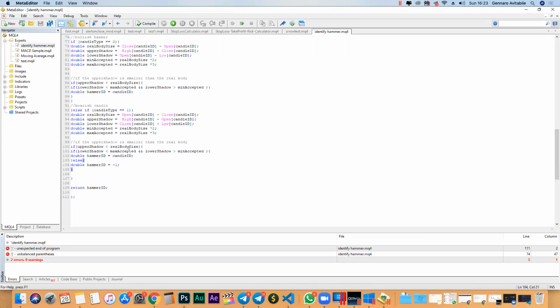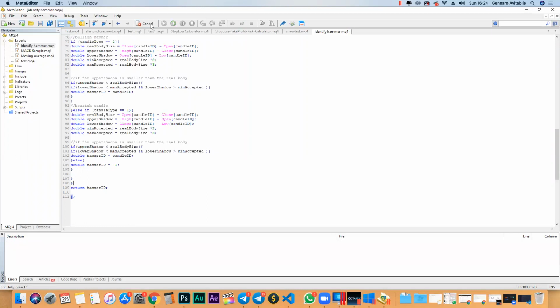111 and 100, unexpected end of program, which means most likely we didn't add the right amount of brackets, and that was what I was thinking. Let's try to compile this.